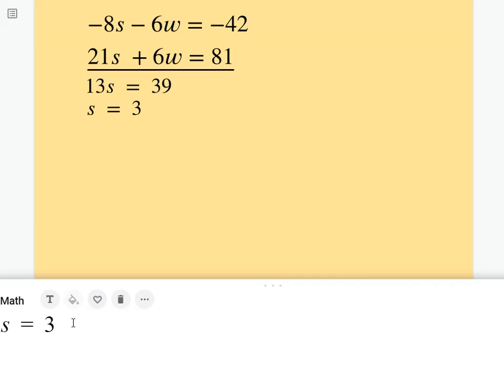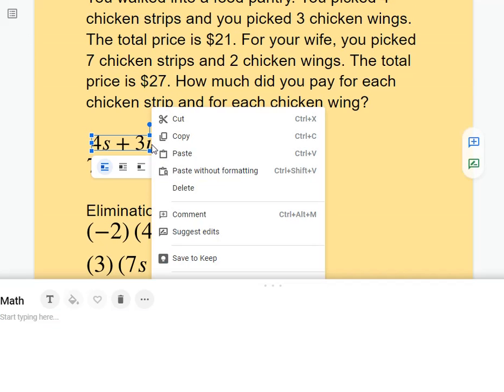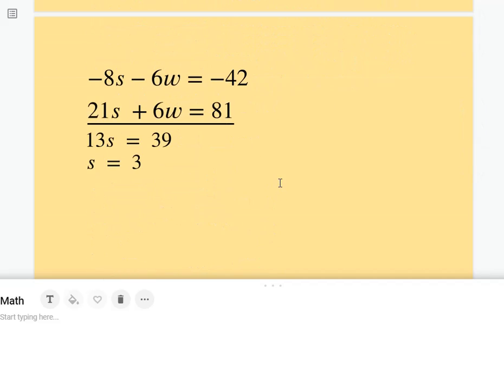So let's write it down. We can copy it right here and paste it here, we just want to see what we're doing. So if we put S equals 3 in there, what do we get?